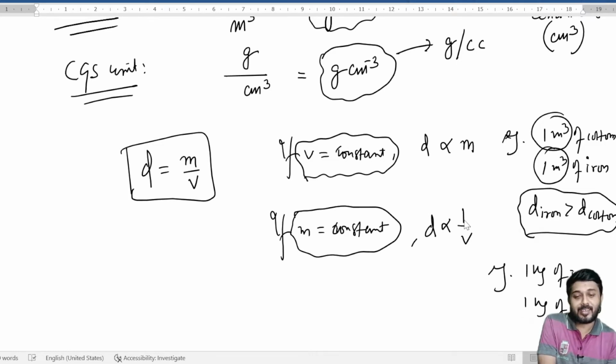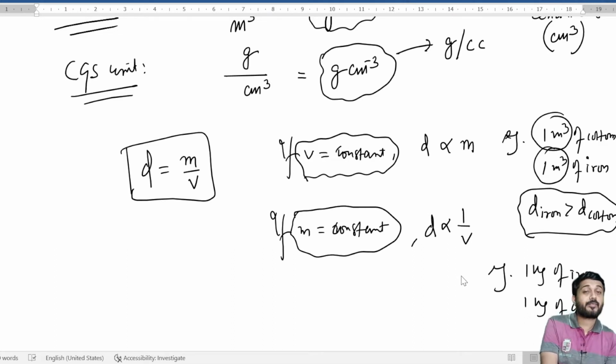Is it clear? Because see, density is inversely proportional to volume. So the more the density, the less the volume, and vice versa. The density of iron is more, so the volume of iron is supposed to be less, because the mass has been kept constant here. Mass is constant, then density varies inversely as the volume. Is it making sense?